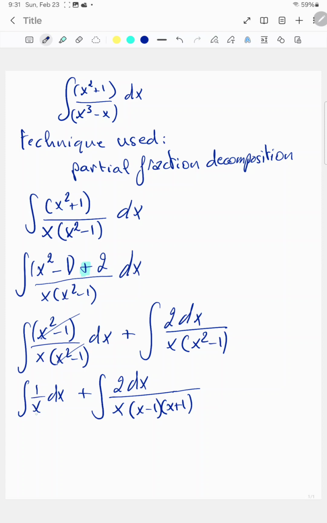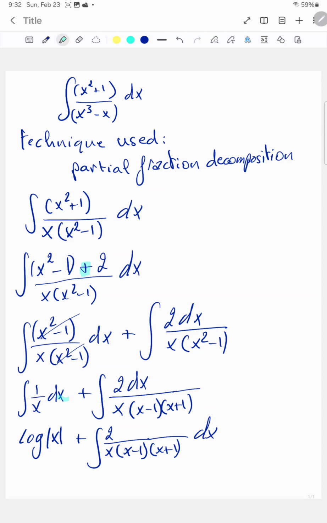So the second integral is 2 divided by x times (x - 1)(x + 1) dx.